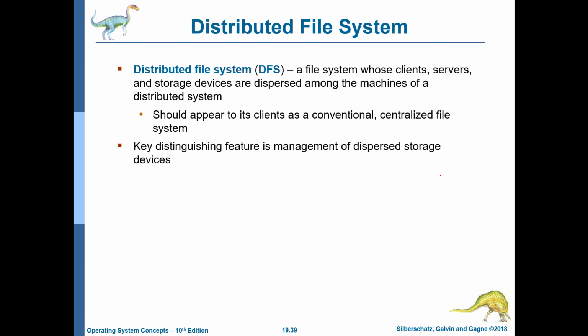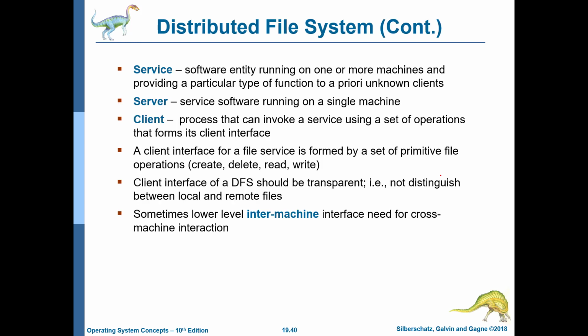Now we'll come to distributed file systems, which are a shining example of distributed systems where a bunch of clients and storage modules see a single file system. Even though the files are physically dispersed among the storage devices, we don't actually get to see that, at least from a functionality perspective. A distributed file system works like this: we have a service.